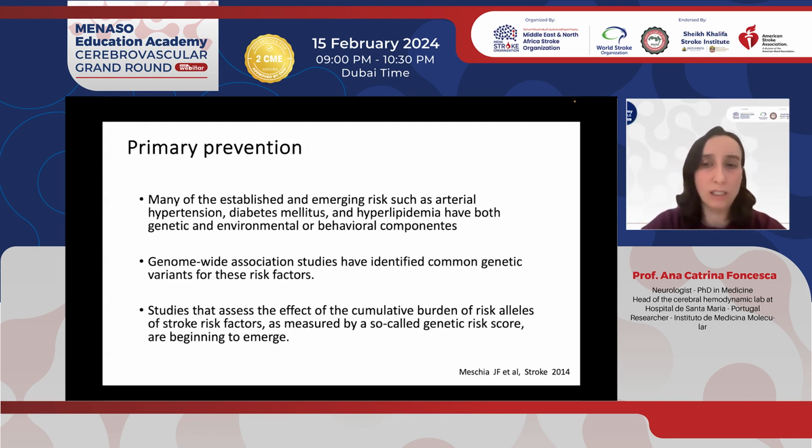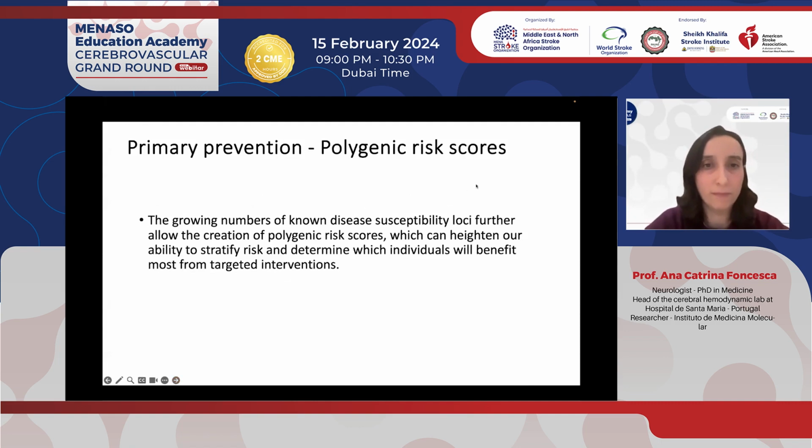But when we talk about genetic risk scores, we are thinking about combining the data from genetic studies and then the specific alleles that the patients have with the risk factors. And that, hypothetically, may give us a better idea about the risk of the patient developing a stroke. So the growing number of known disease susceptibility loci further allows the creation of polygenic risk scores, which can heighten our ability to stratify risk and determine which individuals will benefit most from targeted interventions.